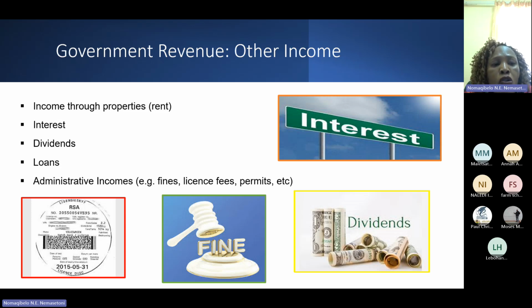And then we have loans that are provided by the government, and then they are going to be paid back as an income, or in case where the government does not have enough income, then they borrow money from other countries or they borrow money from other institutions. And then we also have the administrative incomes like the fines, licenses and license fees, the permits, and the toll gates that are charged for their usage.